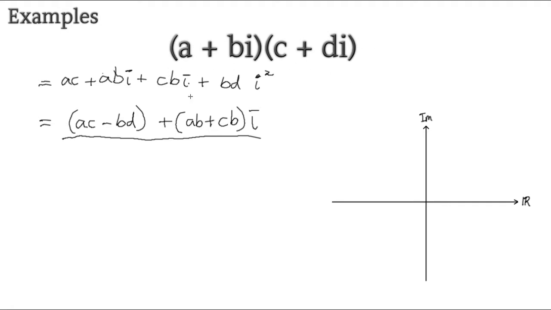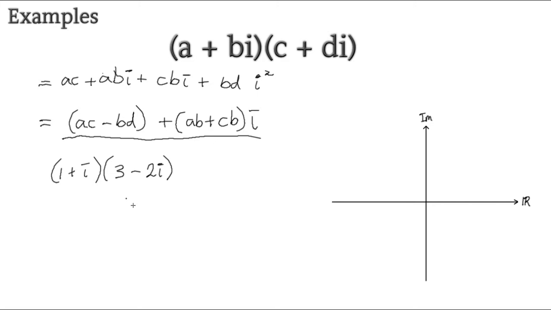There's a lot of algebra, you're gonna get confused, so I am just gonna give you an example. So let's take 1 plus i, multiply that by 3 take 2i.